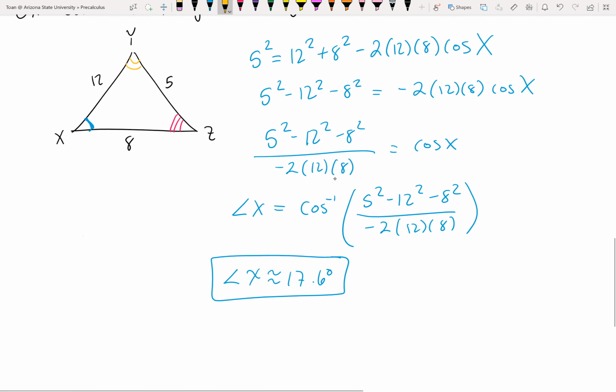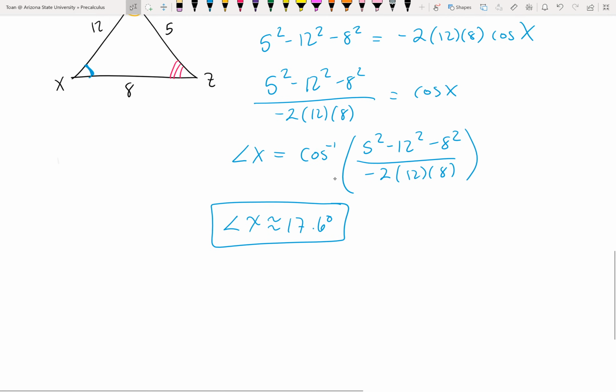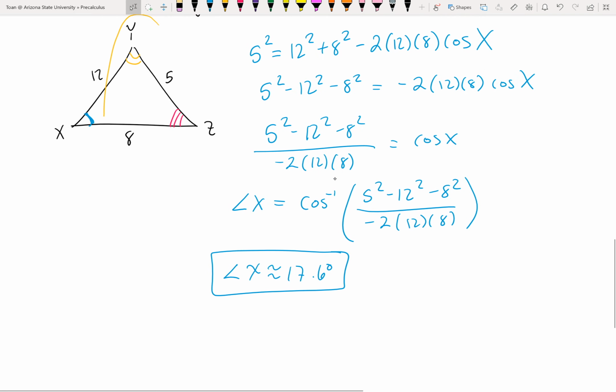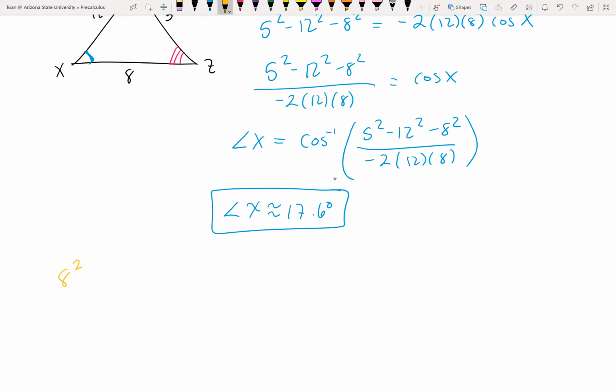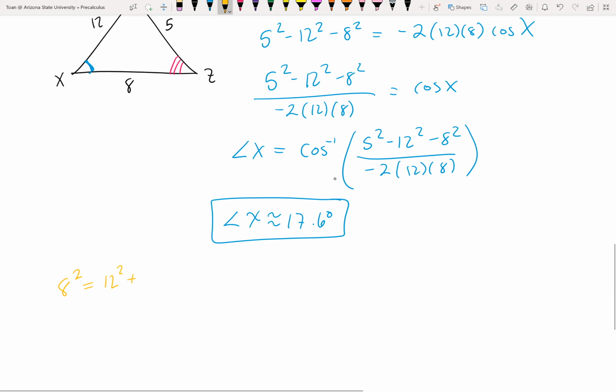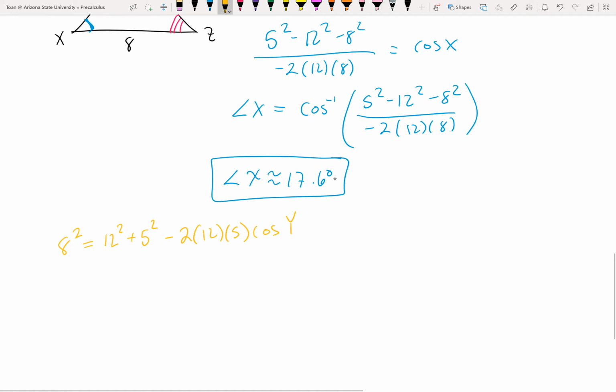So to solve for angle y using the law of cosines, that means the opposite side, 8, will be by himself. So side squared equals the other two sides squared, added together, minus 2 times the other two sides, times cosine of the angle. Notice how I'm saying it.